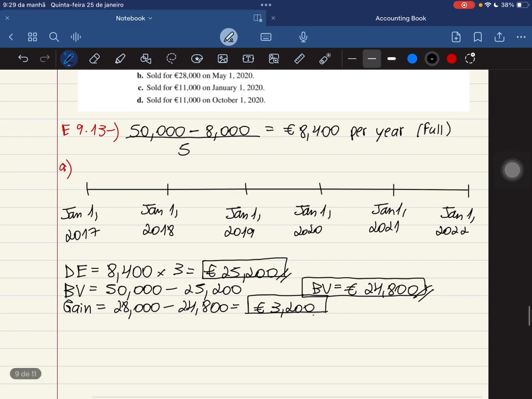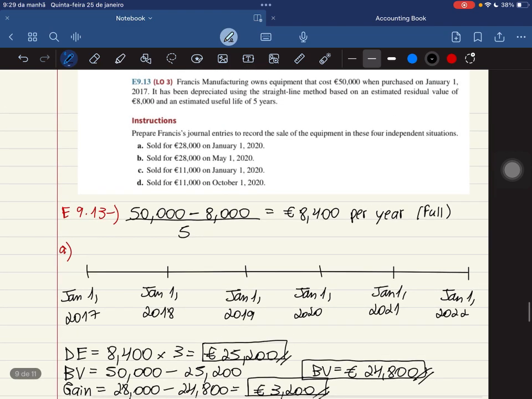Okay, now we have to make the entries. Just one detail before I make the entries. Every time we're dealing with selling machinery, if you have a full-year depreciation, that means the date is like January 1st of a specific year, you just have to make one entry. But if the depreciation happens at, for example, May 1st or October 1st, you actually have to make two entries.